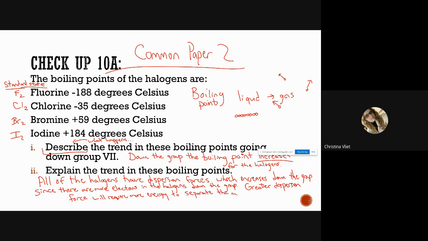And don't worry, this is where next class's lesson and the next two lessons go. We're going to talk more about boiling, melting, all of the phase changes and how that looks on the molecular level. But this gives you an idea of how you need to formulate your answers.